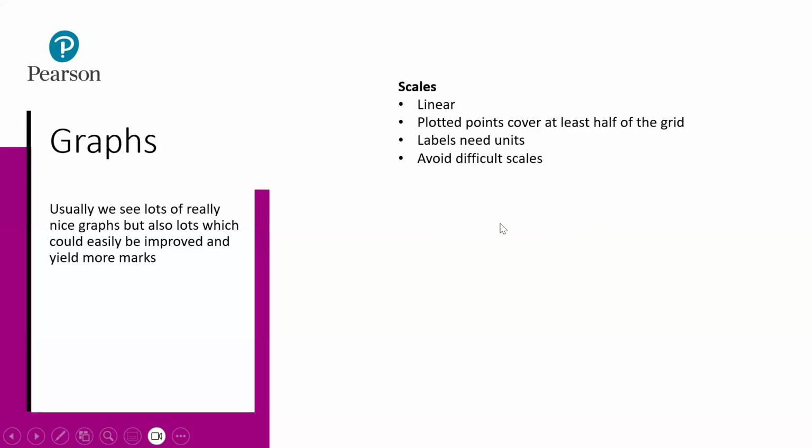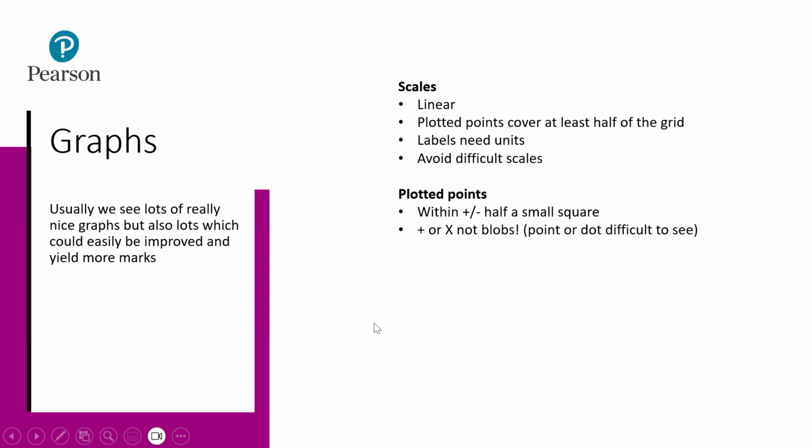And avoid difficult scales. For some reason or other, some will go up in 3s and things like that, and then it makes their life very difficult to plot their points. That makes our life very difficult if we've got to check them as well. So avoid difficult scales, and try and use nice 2s and 5s and 10s and so on. Plotted points, we like to see them within plus or minus half a small square.